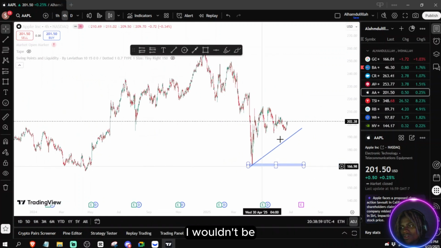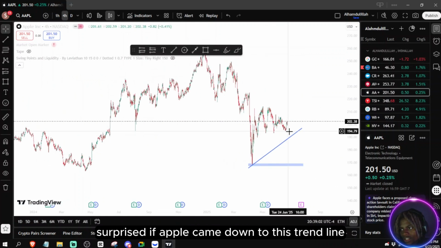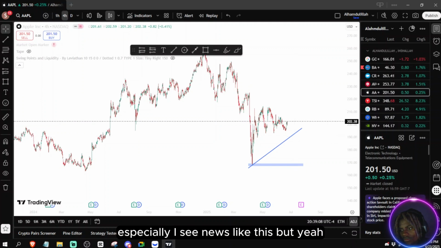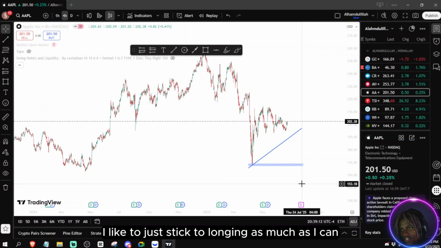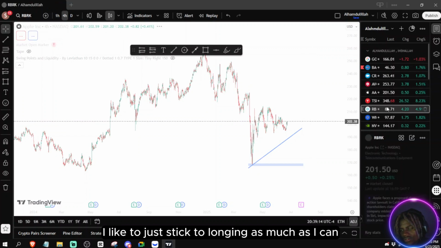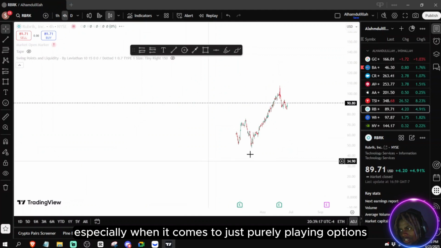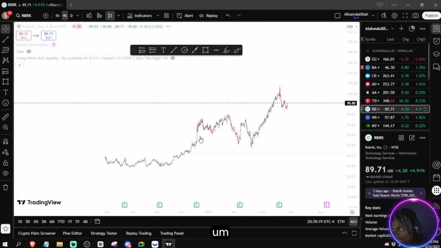Like here with Apple, I wouldn't be surprised if Apple came down to this trend line, especially when I see news like this. But I like to just stick to longing as much as I can, especially when it comes to purely playing options.